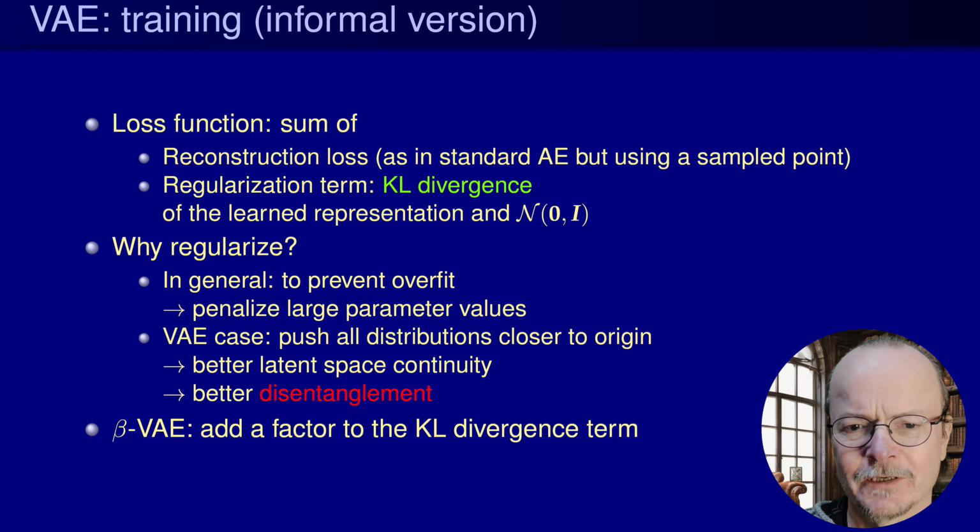If there's one thing to understand about training these things, it's the loss function. A model is trained to do two things at the same time. First, to reconstruct the input data as accurately as possible, just like the standard autoencoder did. This makes immediate intuitive sense.